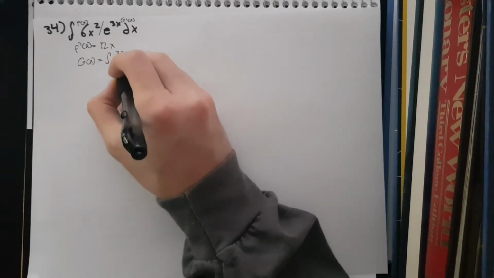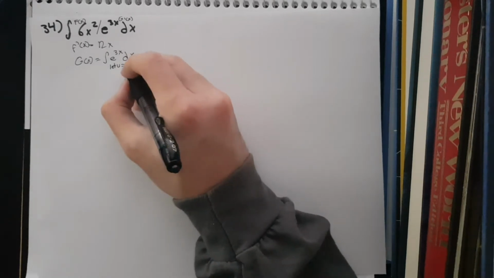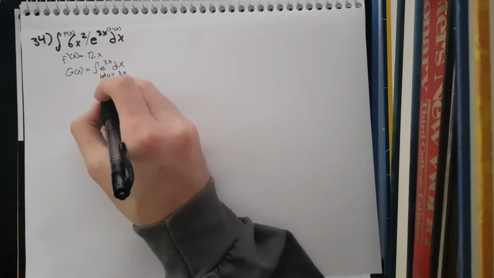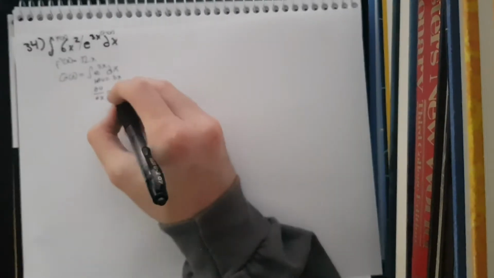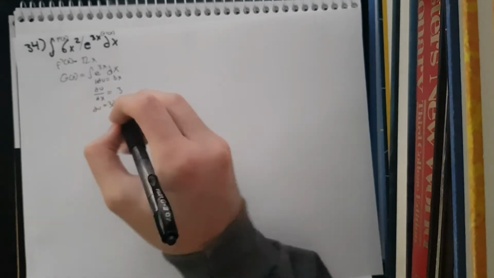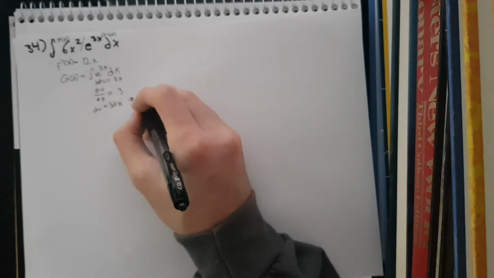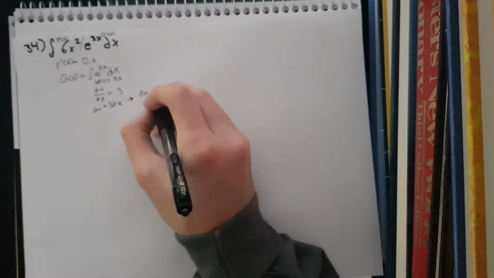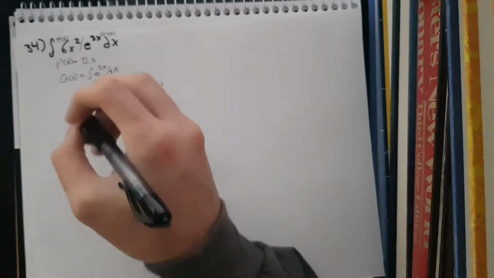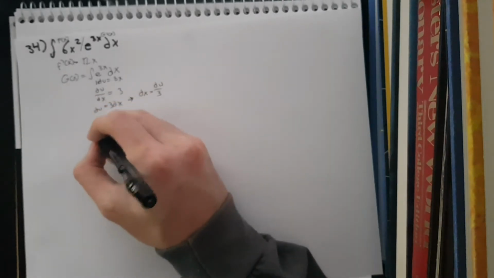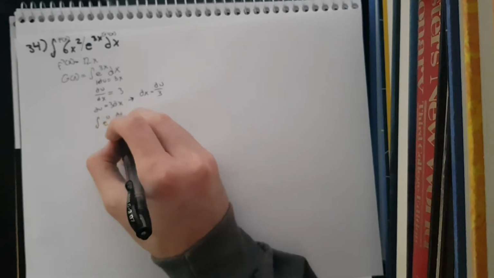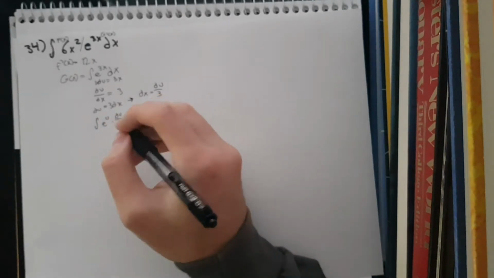We let u equal 3x, and then du dx equals 3, du equals 3 dx, which then means dx equals du over 3. Then we could rewrite the expression as the integral of e to the u times du over 3.